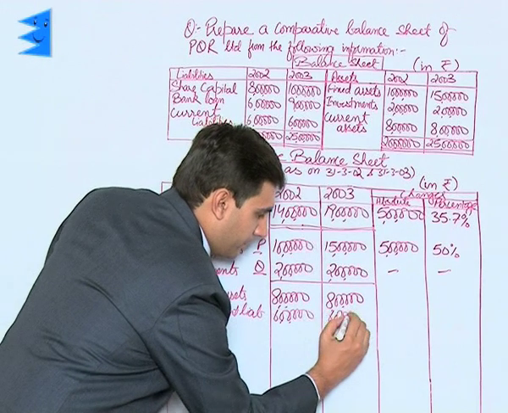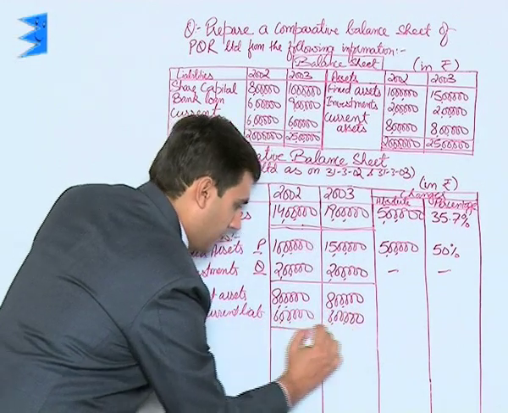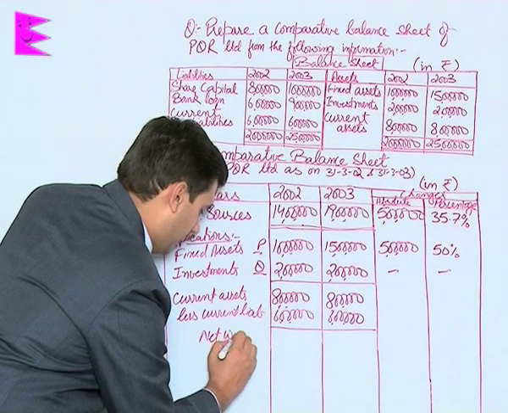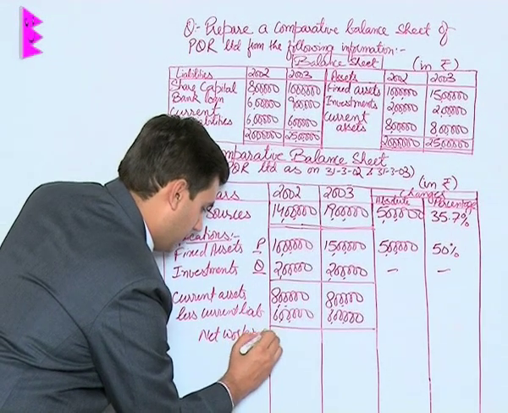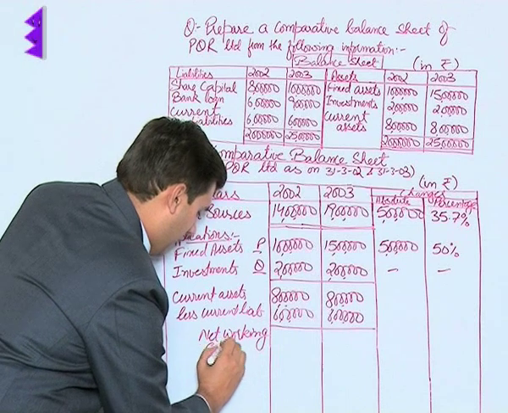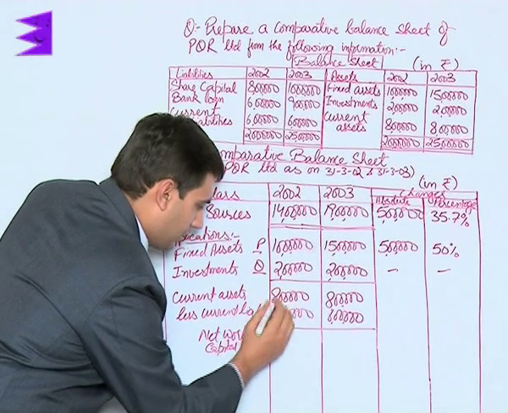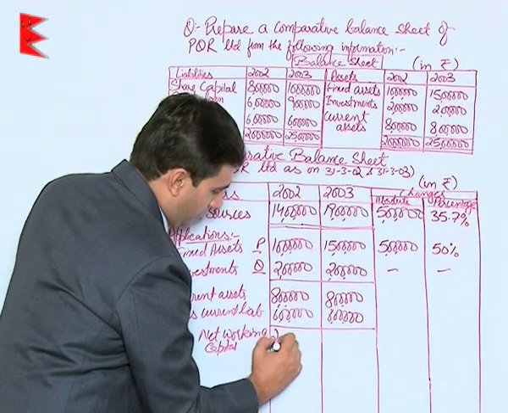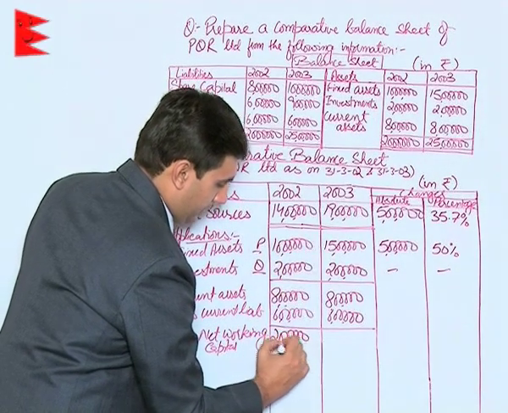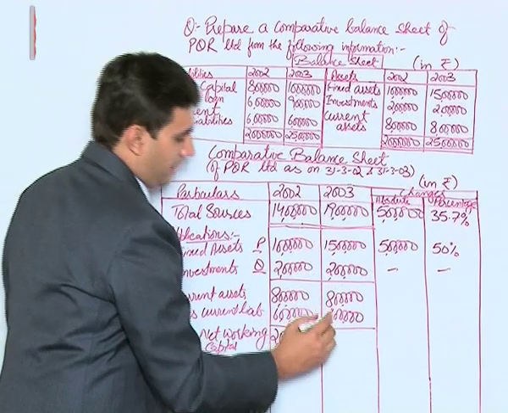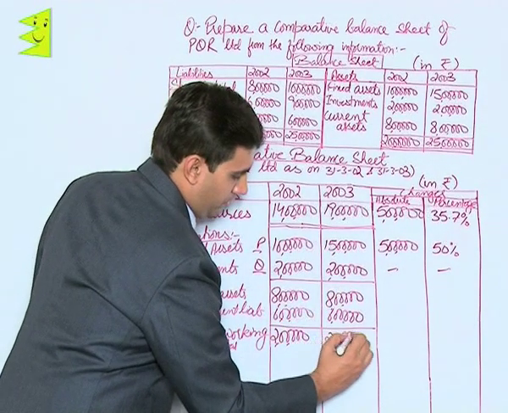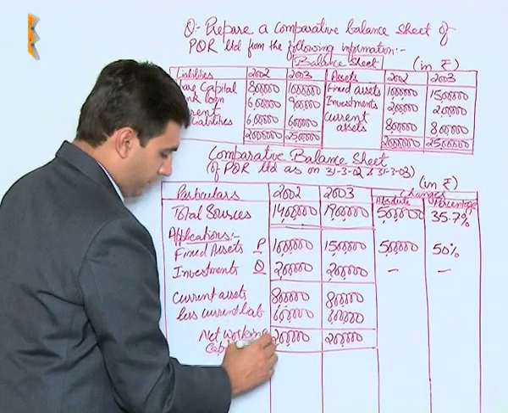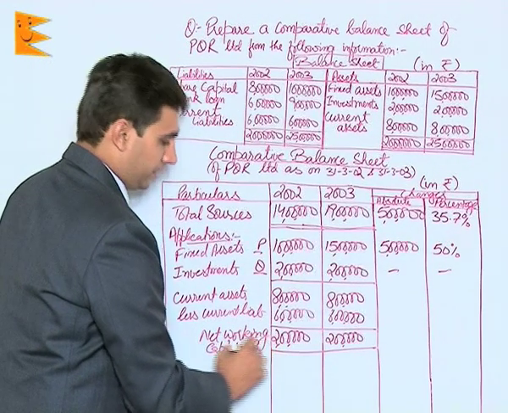On deducting, we will get net working capital. And this is difference of these two, that is 8 lakh minus 6 lakh, which comes to 2 lakhs. And in this case, it is 8 minus 6, which is 2 lakhs. This total we can put it as R.